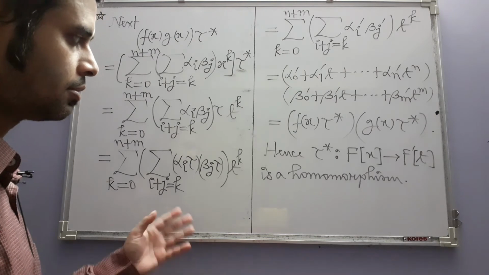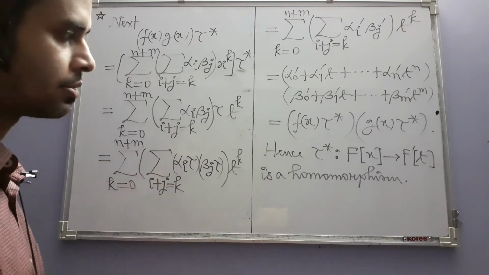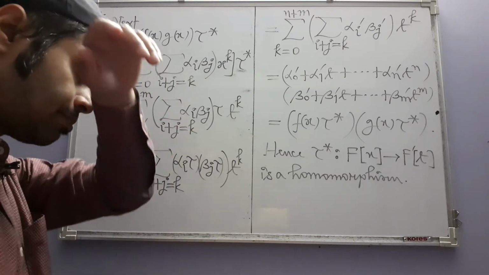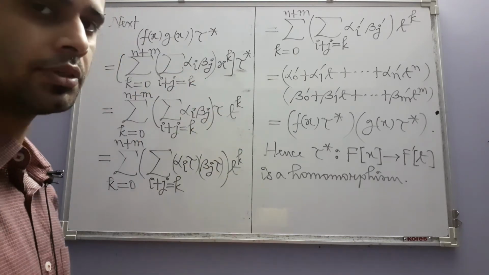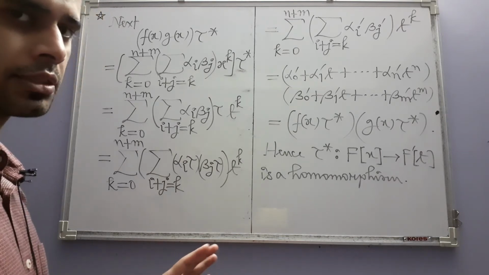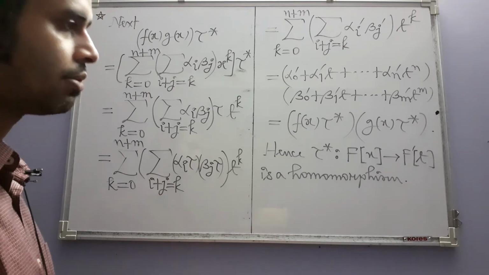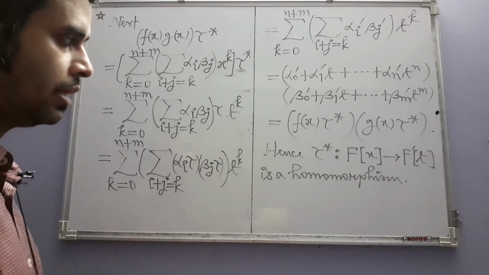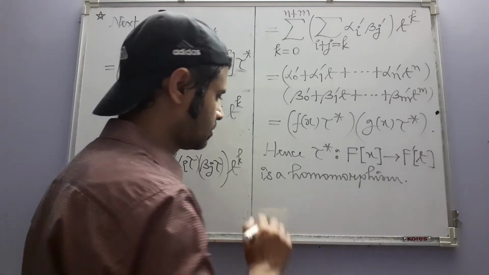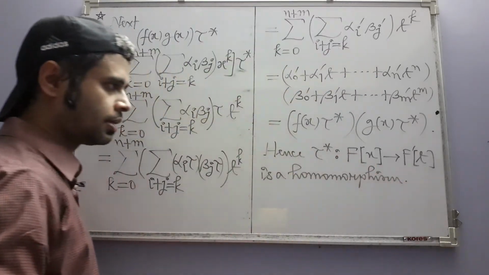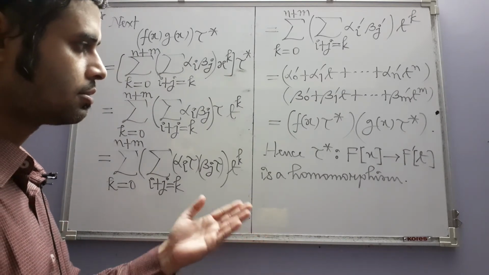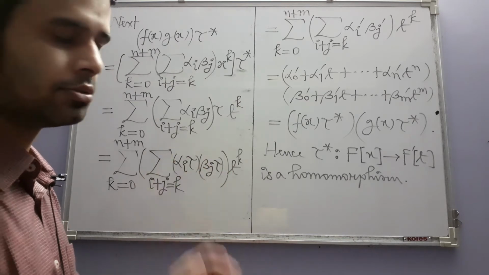But I repeat what I said previously also many times, that if more than one type of algebraic structures are involved, say you have groups as well as fields, you will see one such situation will arise in Galois theory, then we need to mention group homomorphism, ring homomorphism explicitly. So this is a homomorphism. Now the only thing we next need to show is that this is one-to-one as well as onto.